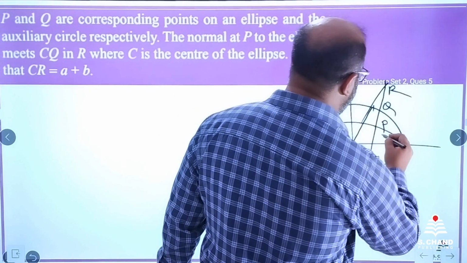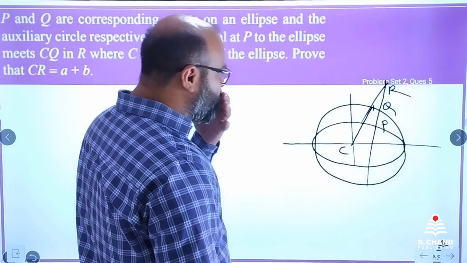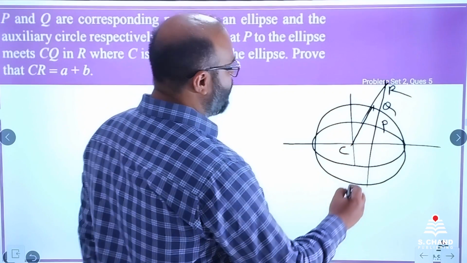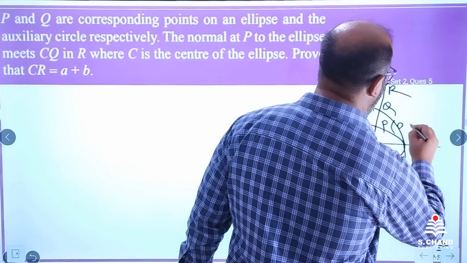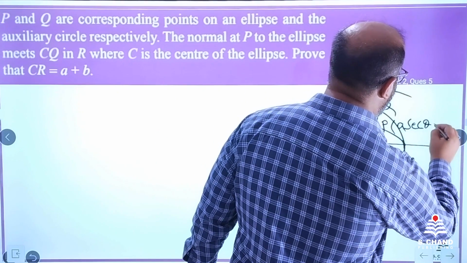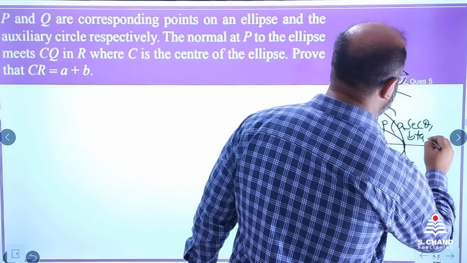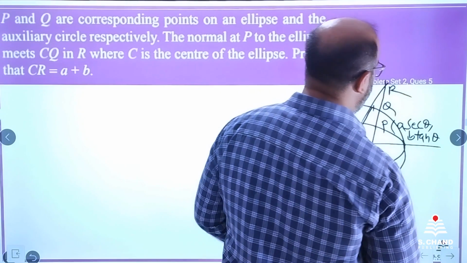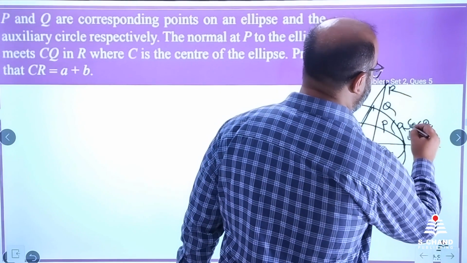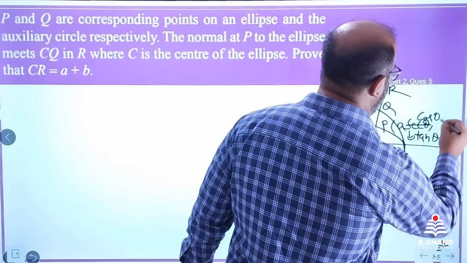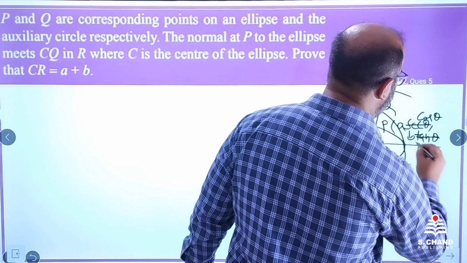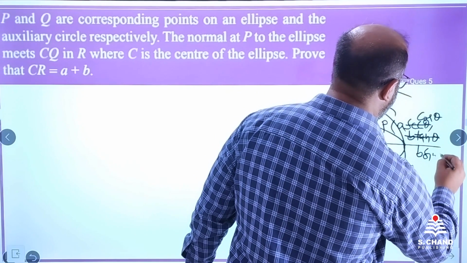So first of all, let us find the equation of the normal to the ellipse. So the ellipse is having the point A cos theta, comma B sin theta. That is the parametric point of an ellipse.